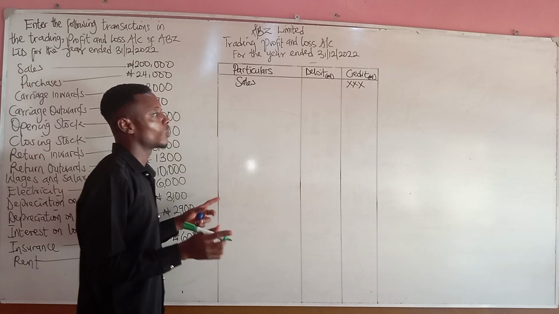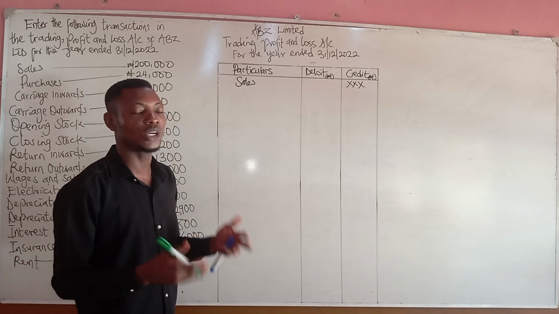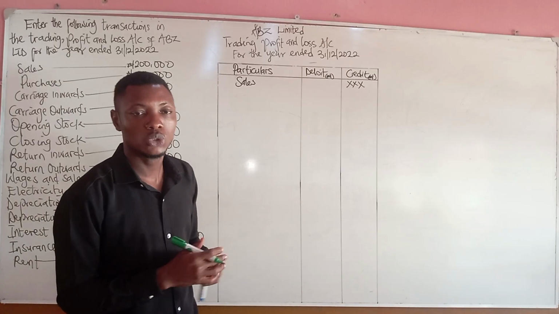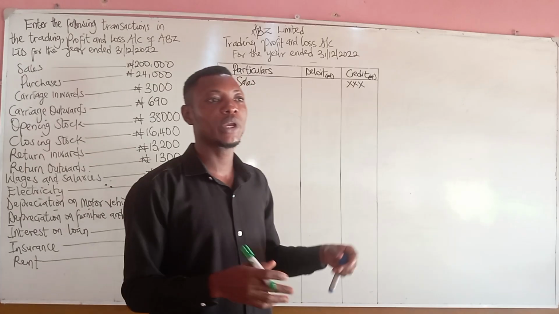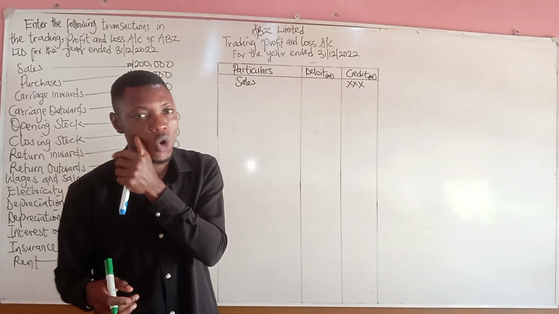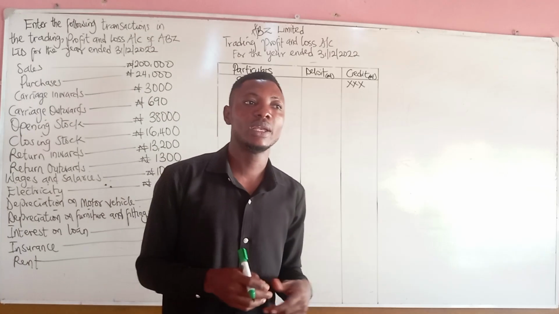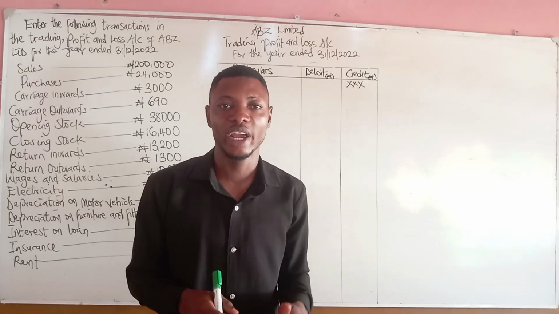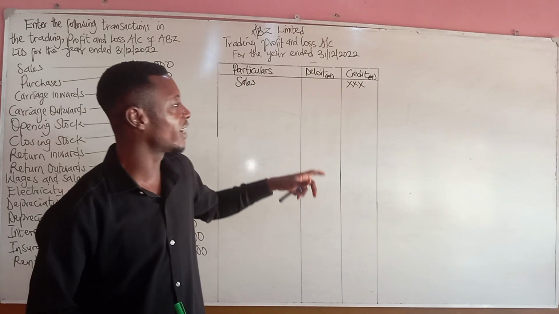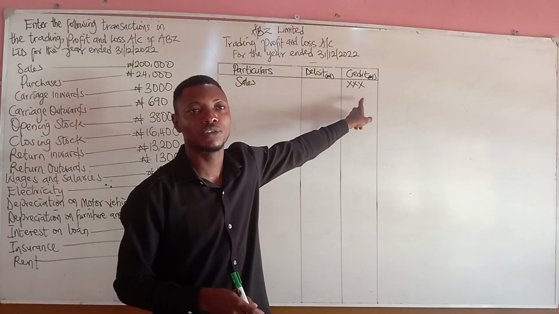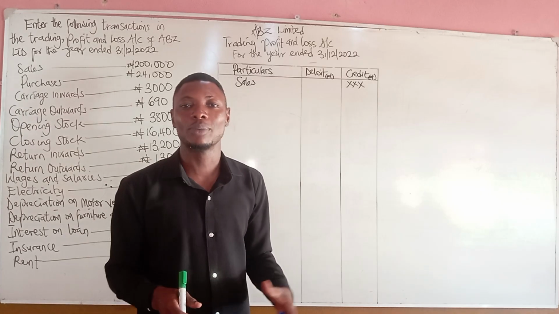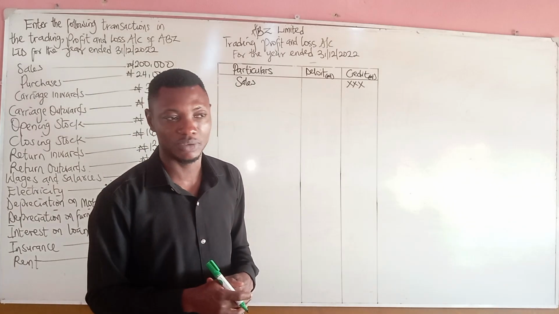Most times when we sell goods and the goods are returned back to us, the trader, we call it return inwards, or we can also call it trade sales return. In a situation where you have return inwards or sales return, it is expected that it's subtracted from the sales in order for you to be able to account for the total amount of sales.